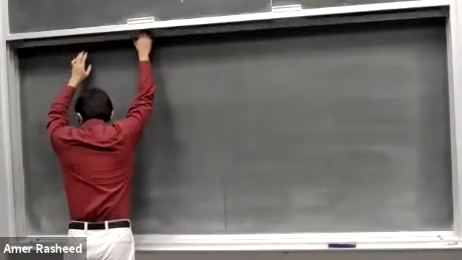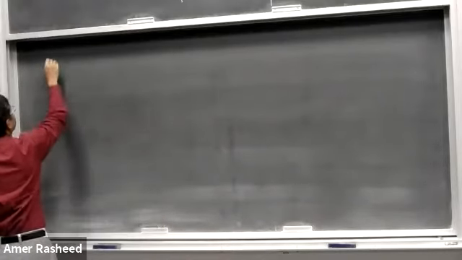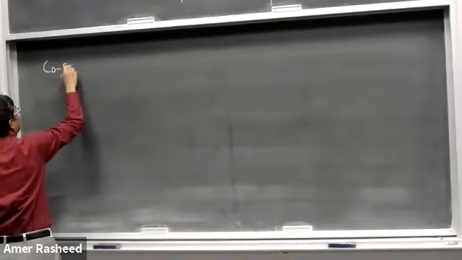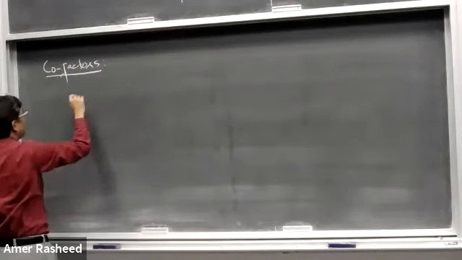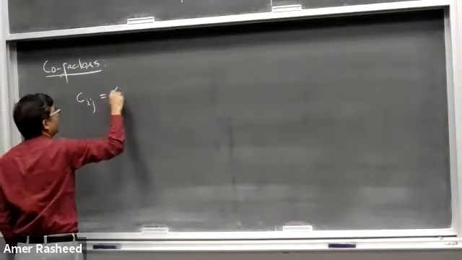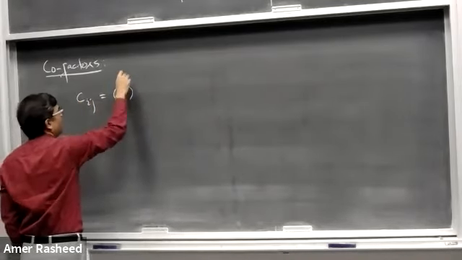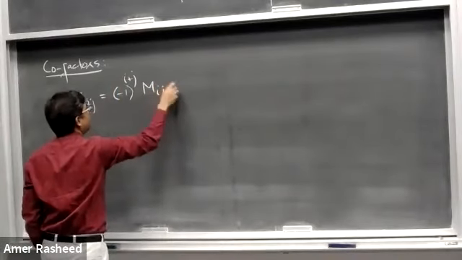The cofactor corresponding to any element is denoted by Cij, and it is nothing but (-1) raised to the power i plus j times the ijth minor.